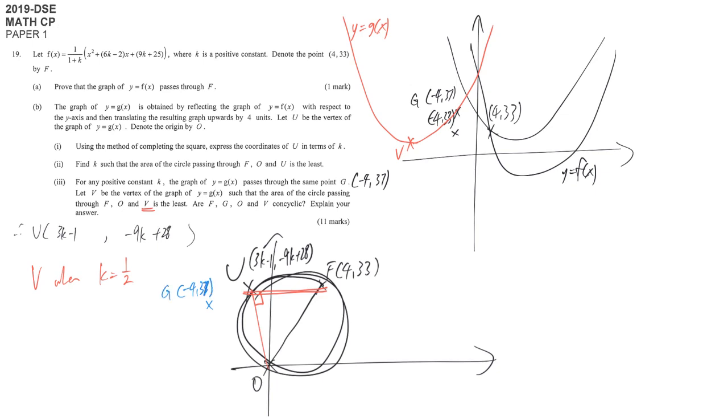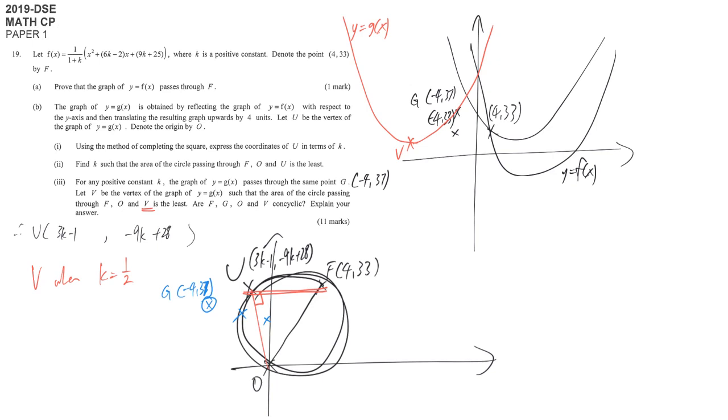Is that G path is here, or here, or here? If point G lies on this circle that we already fixed in B2, then that means they are concyclic. Four points are concyclic. In reverse, if point G is outside or inside, that means they are not concyclic. This is what the question is asking.